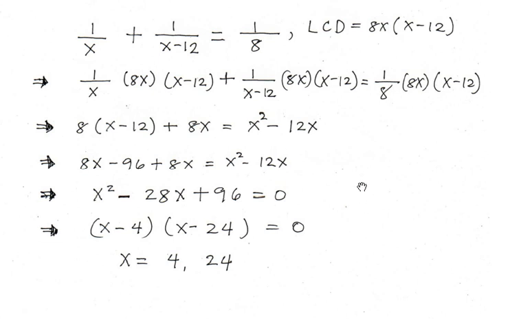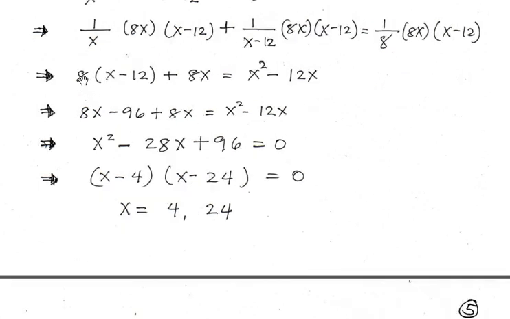Moving on, simplifying, we have expanding this: 8x minus 96, 8 times negative 12, plus 8x equals, copy this whole thing here. Then let's not disturb this term and transpose all the terms on this side. So we have x squared minus 12x. This becomes 16x when transposed, minus 16x.